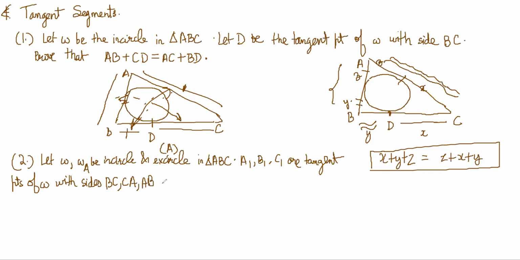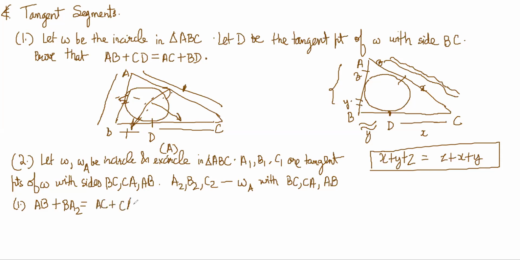Then A2, B2, C2 are the tangent points of WA with BC, CA, AB. Okay. First thing to prove is AB plus BA2 is equal to AC plus CA2.